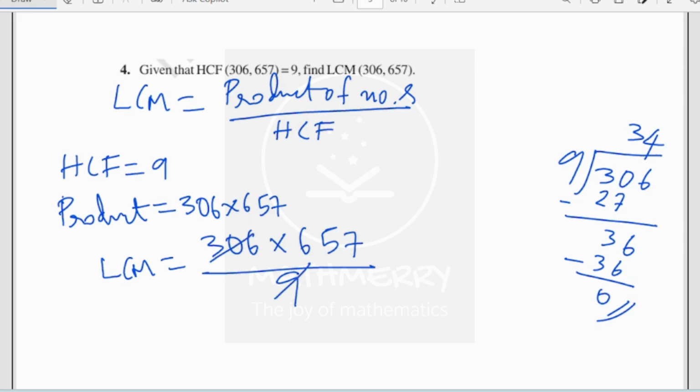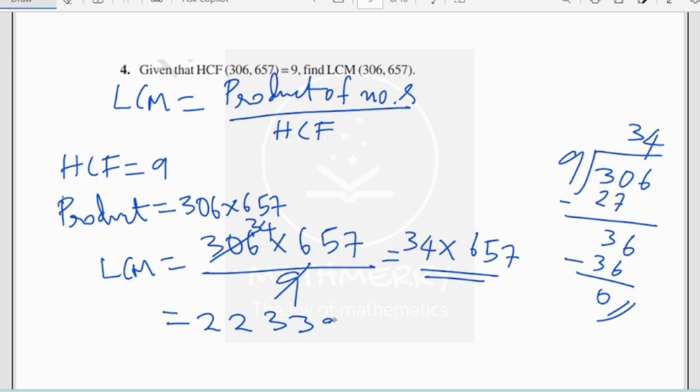So this will be 34 into 657. When you multiply, you will get 22,338. So that will be our LCM.